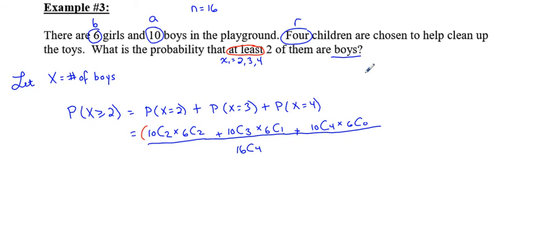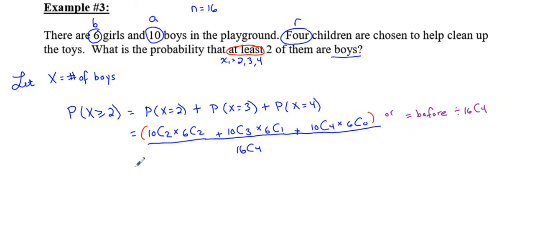You either have to put the numerator in brackets so that it calculates all of this before it calculates the 16C4. Or if you press equals before you divide by 16C4, then you don't need the brackets. So you could type all of this in, then press equals, then divide by 16C4.